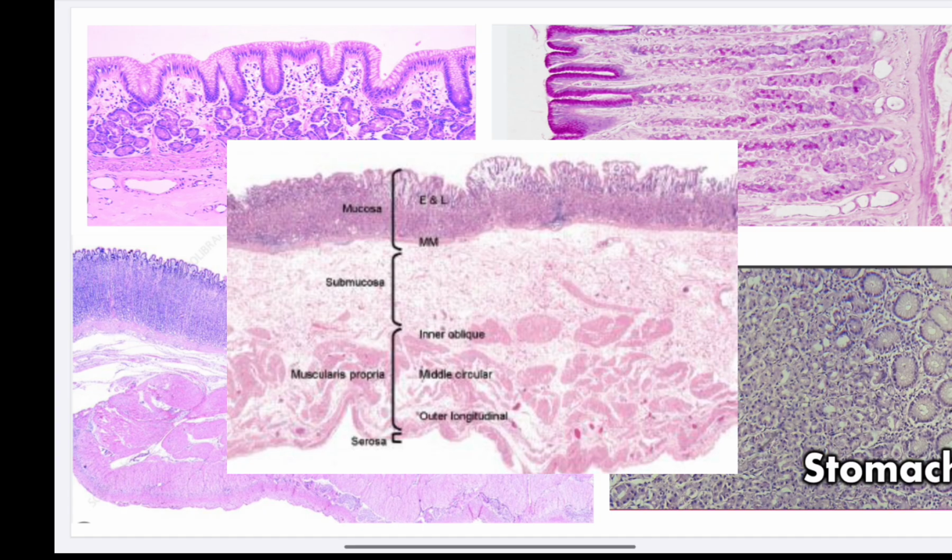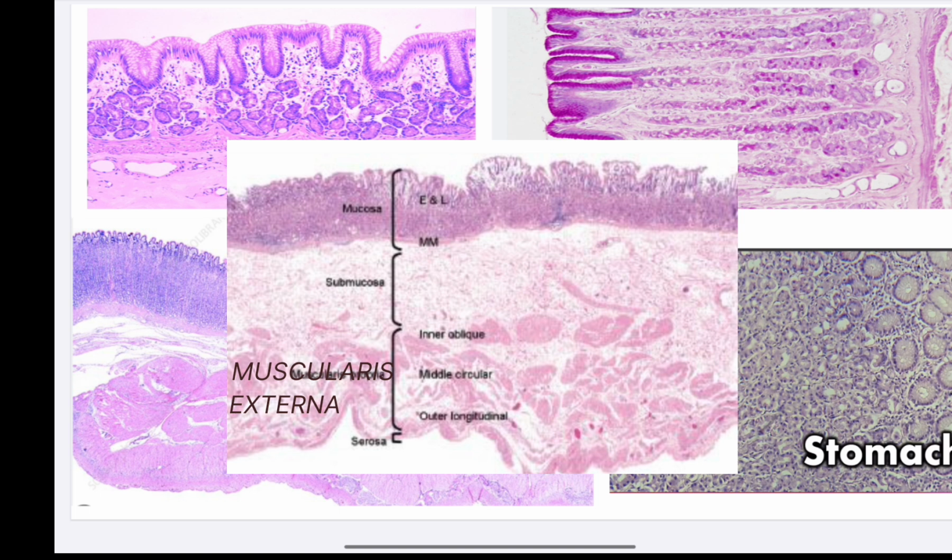So if you see circular and longitudinal, two layers in the muscularis externa, you don't rule out the stomach. You go by the epithelium, the gastric pits, and the gastric glands in the lamina propria.